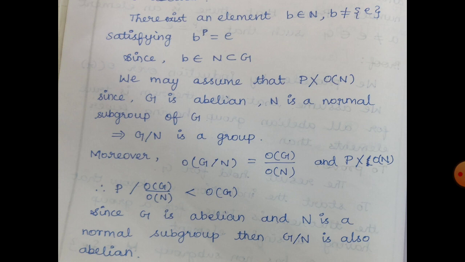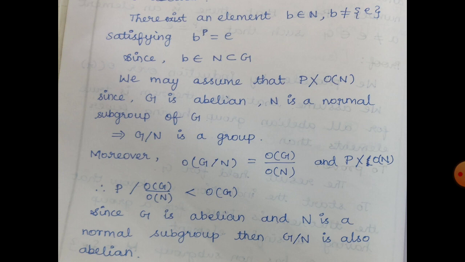Since B belongs to N, and N is a subgroup of G, N is a subset of G. We may assume that P does not divide the order of N. Since G is abelian, N is a normal subgroup of G, so this implies G by N is a group.